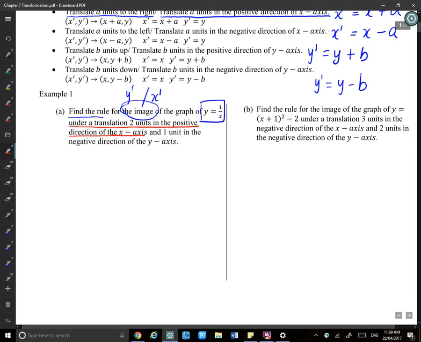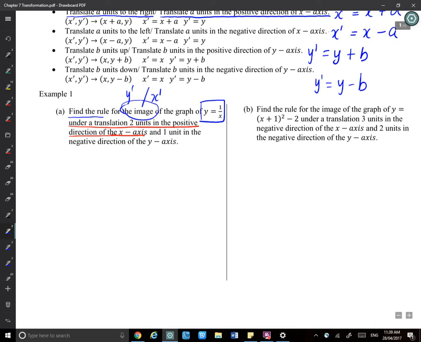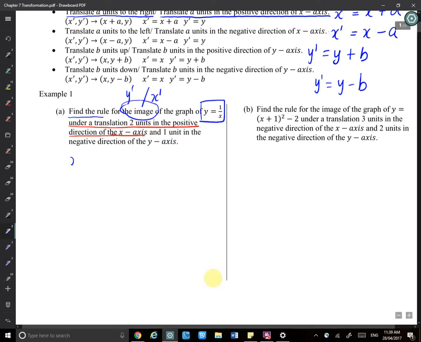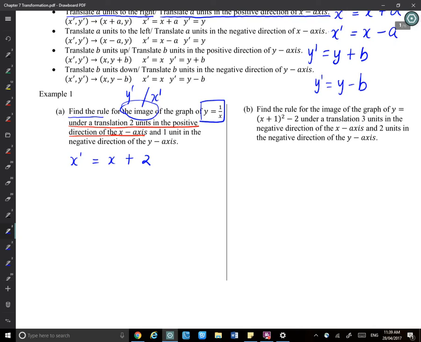According to this one, what can I write? Translate 2 units in the positive direction of the x-axis is a horizontal movement. Move to the right by 2 units. So what you know is the new x must be the old x plus 2. So x dash equals x plus 2.